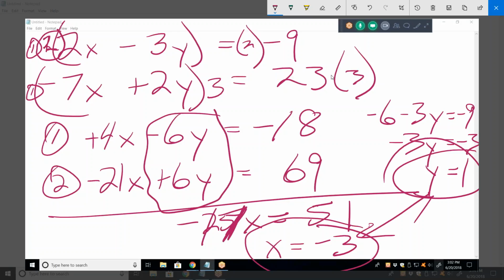Now, if your life depended on it, you'd probably take these two answers and substitute them into at least one of the original equations to make sure that it was correct. Notice that if I substitute minus 3 into the second equation, I get 21 plus 2 equals 23.